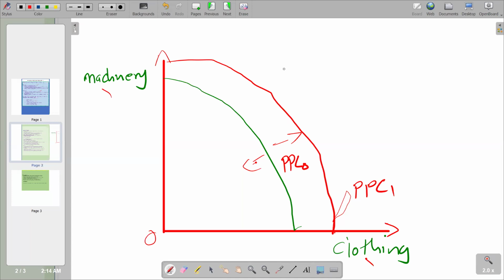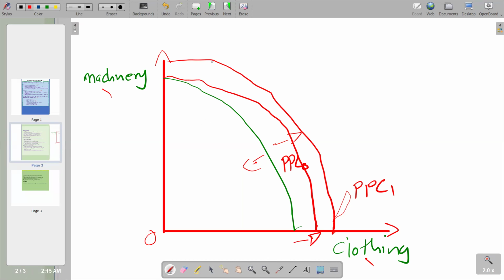So the maximum that can be produced of machinery is not going to change; it will remain fixed. This position becomes fixed, because the machinery is not changing, and the curve will show an increase in clothing only. This is the typical shift that will take place. It will shift only on the product that has increased profitability. This is what we have in terms of a shift in profitability.